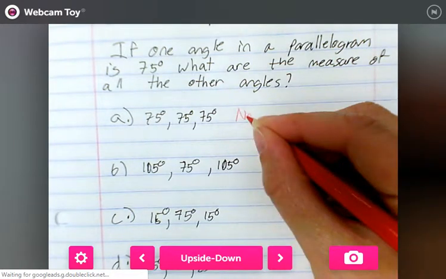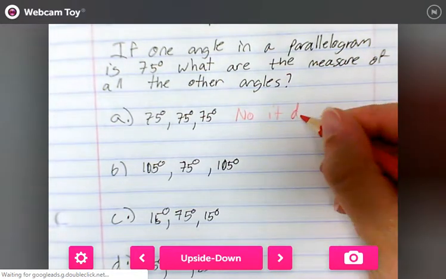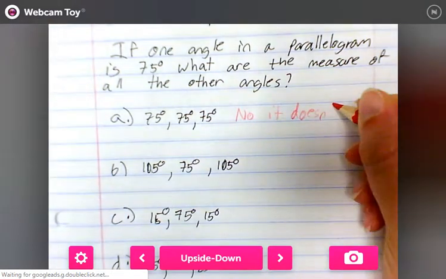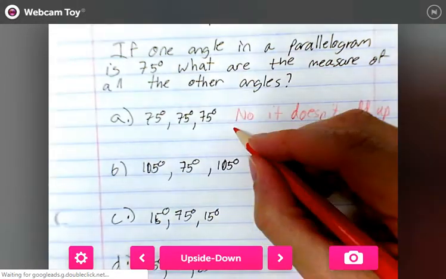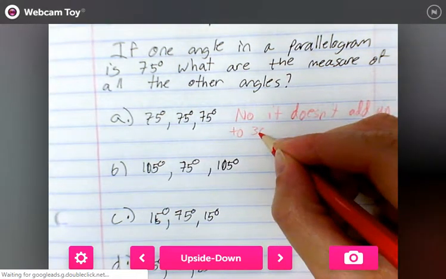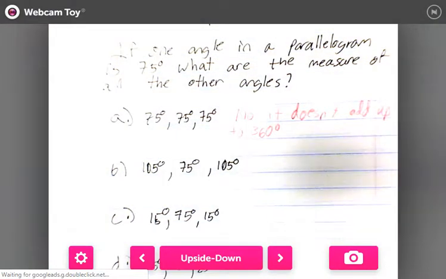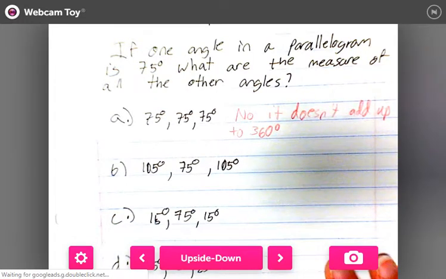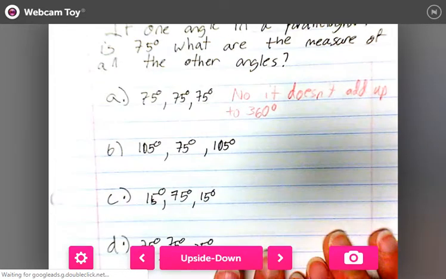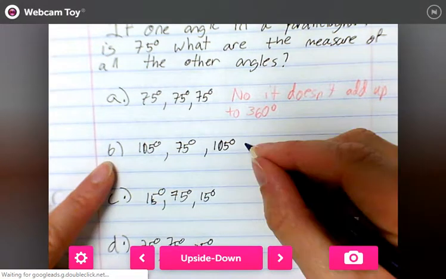No, this doesn't work. It doesn't add up to 360. Okay? Let's look at B. Yes, this one works, right?